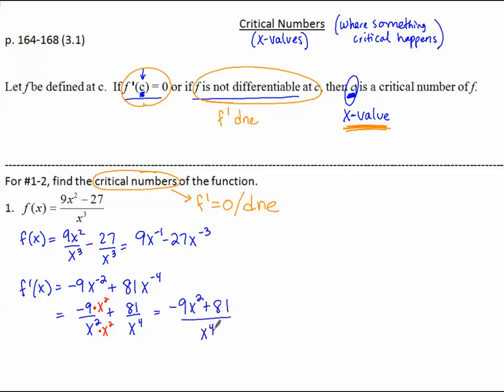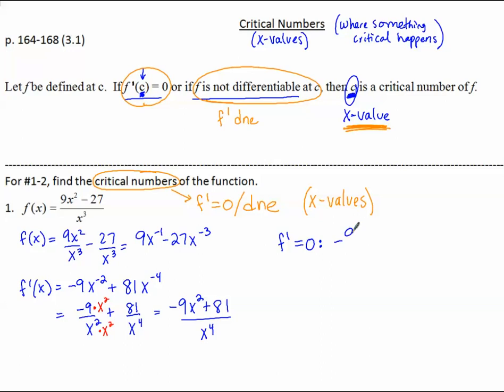Now remember our goal: find out where the derivative equals 0 or doesn't exist. Ultimately I want the x values. Let's start by saying we have a derivative. Where does it equal 0? So I take my derivative and set it equal to 0.